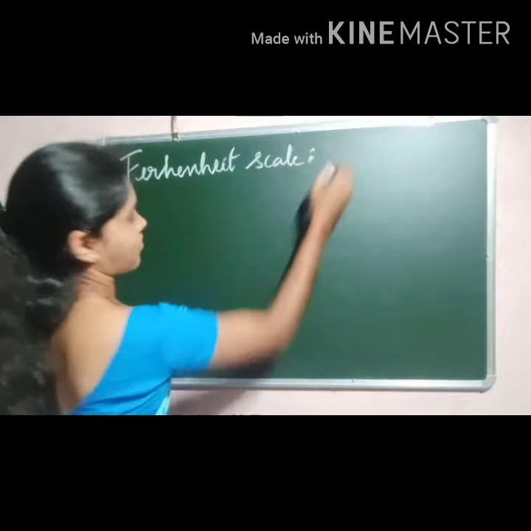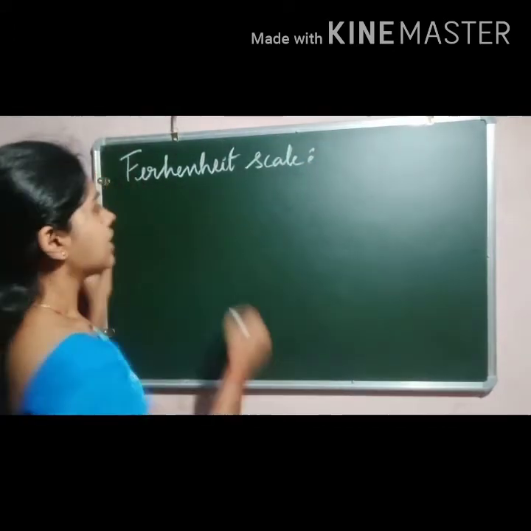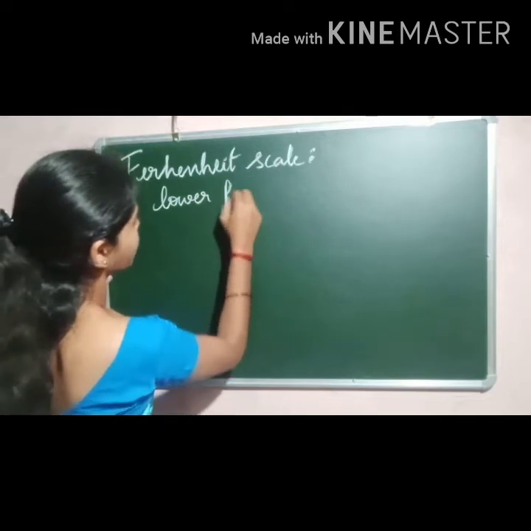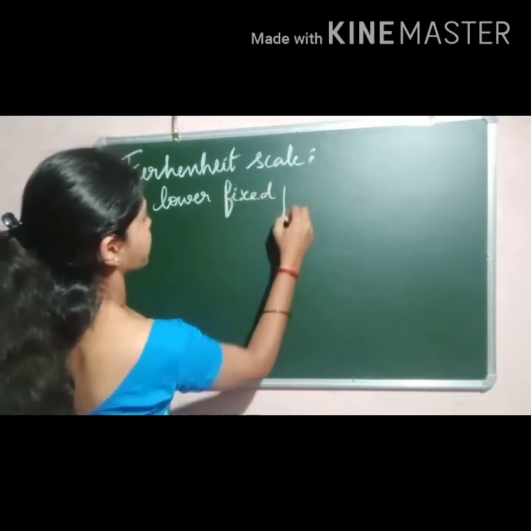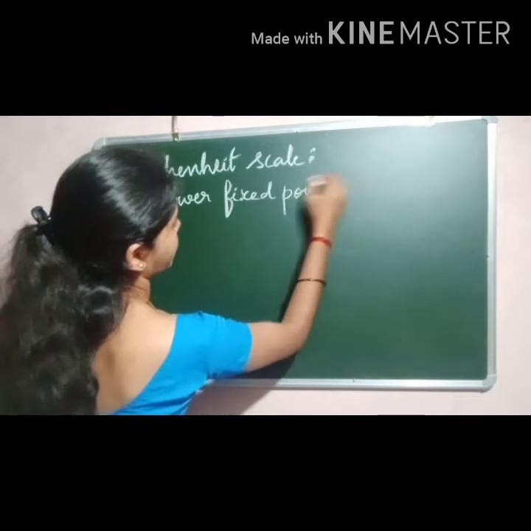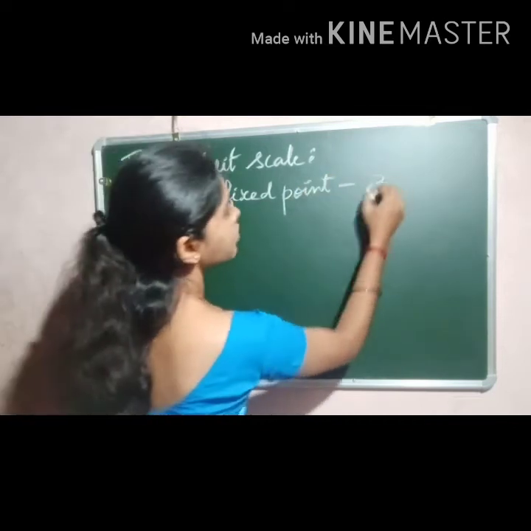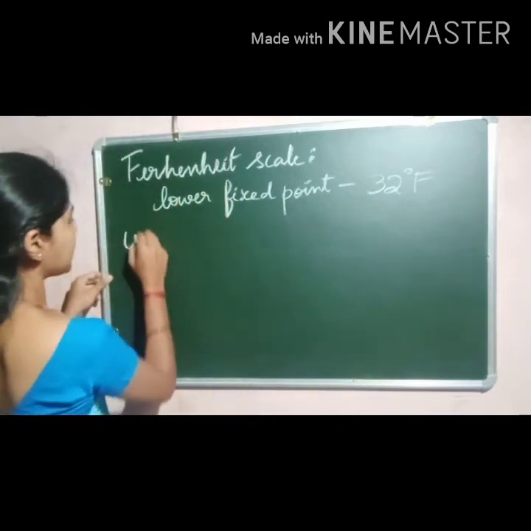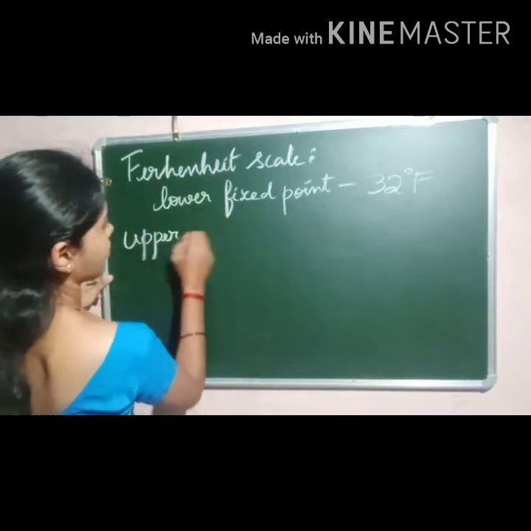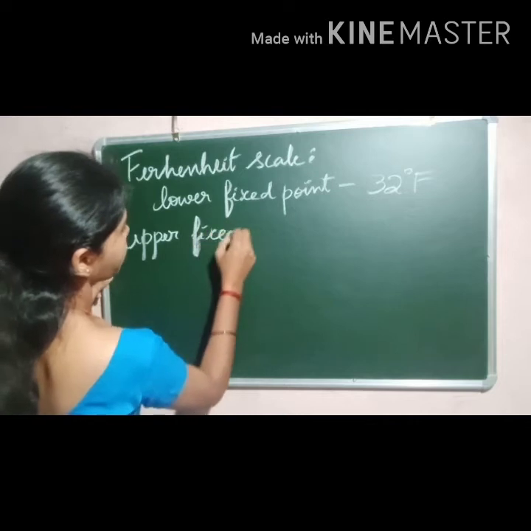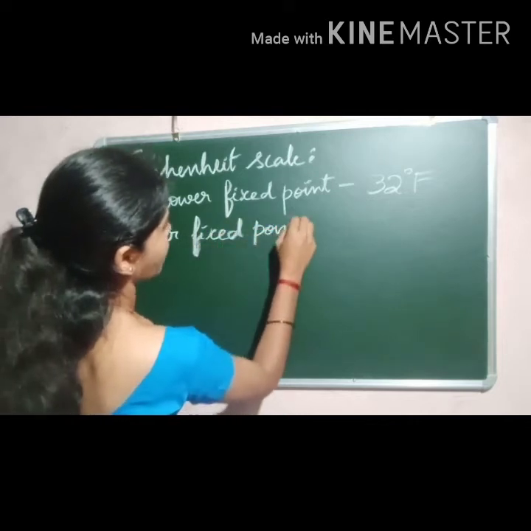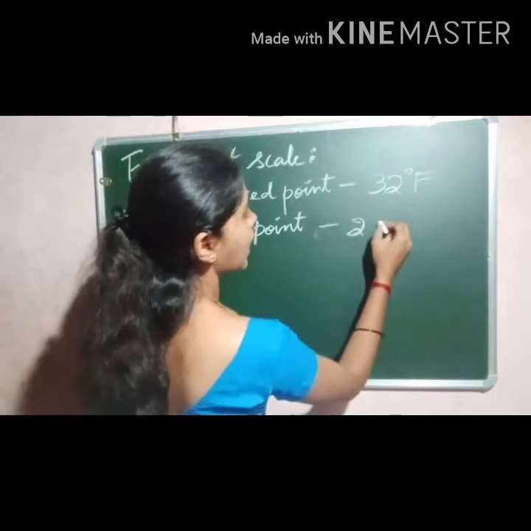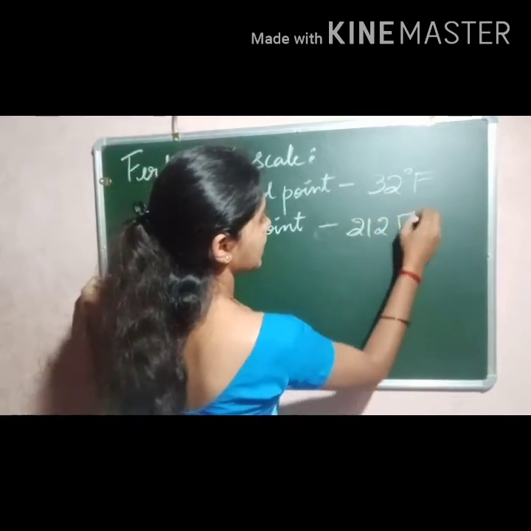Okay, in the Fahrenheit scale, the lower fixed point is 32 degrees Fahrenheit, and the upper fixed point is 212 degrees Fahrenheit.